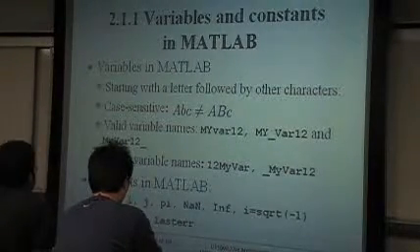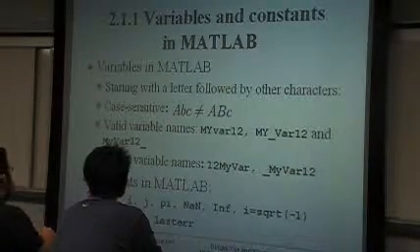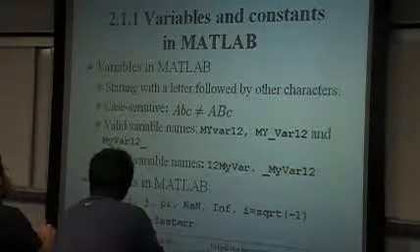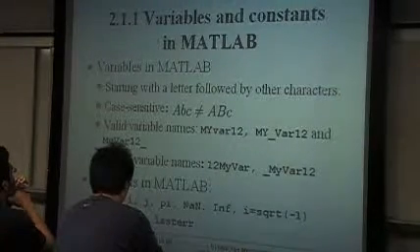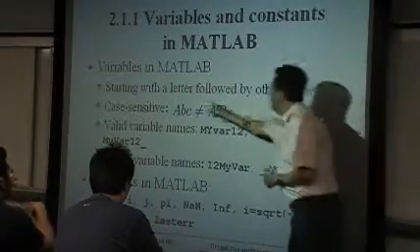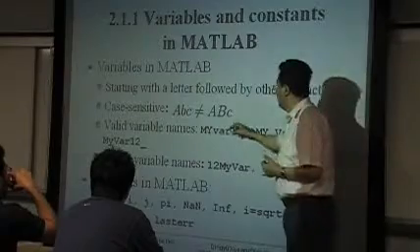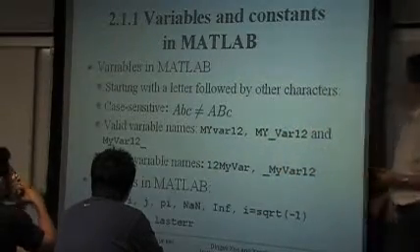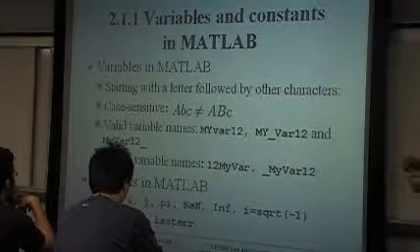It can be followed by any other letters, underscores or digits, but the first character should be a letter. It can be in capital letters or small letters. So the first one should be a letter, and the rest of them could be digits or underscores. It's slightly different from the C programming language.